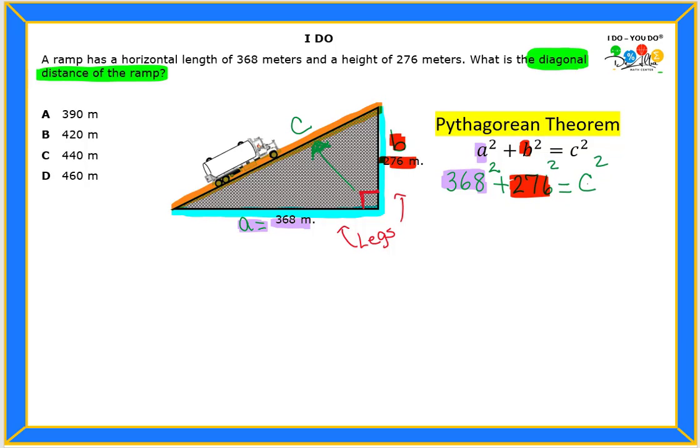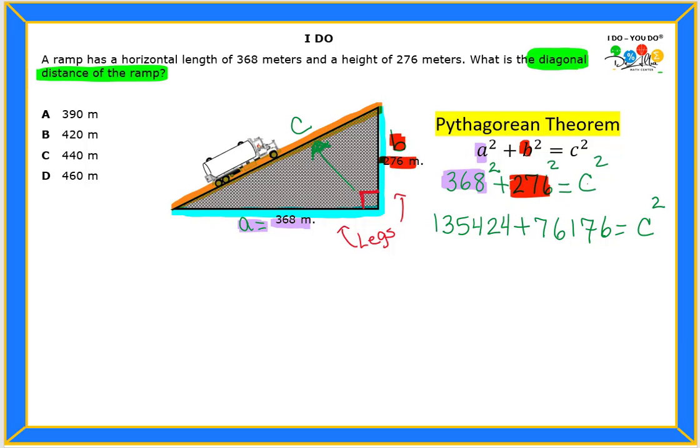If you input 368 squared on the calculator, what do you get? We get a very large number, right? We get 135,424, right? That's a large number, plus 76,176 equals C squared, okay?